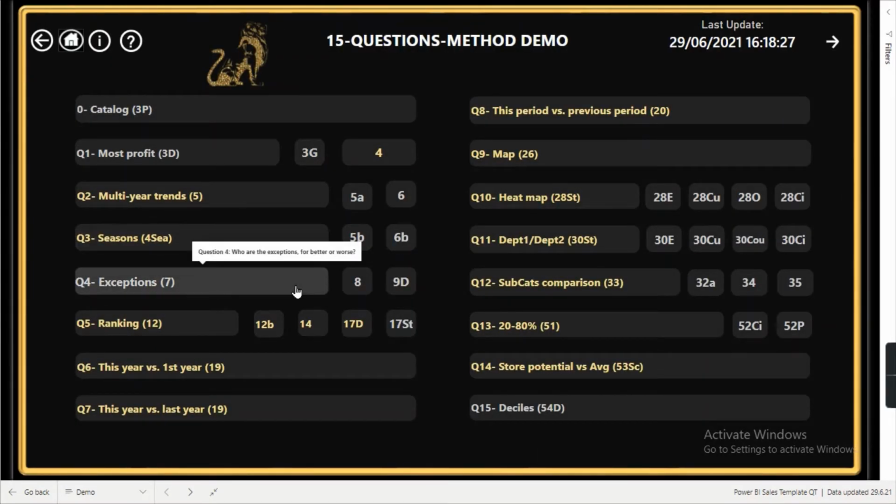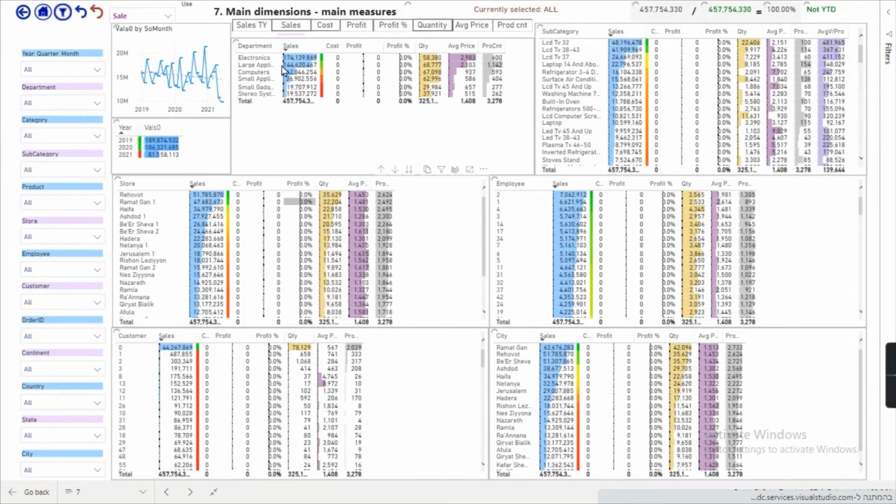Question 4. Who are the exceptions, for better or worse, above or under the average? We can see all the main dimensions and a little graph here. We see columns by quantity, average price, and product count.